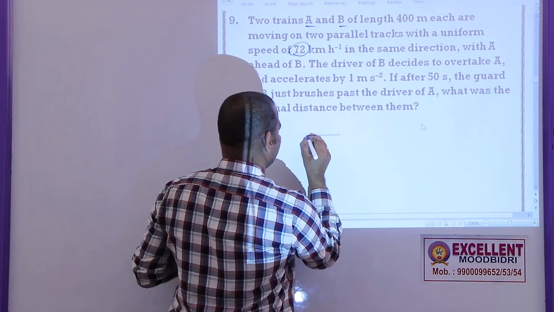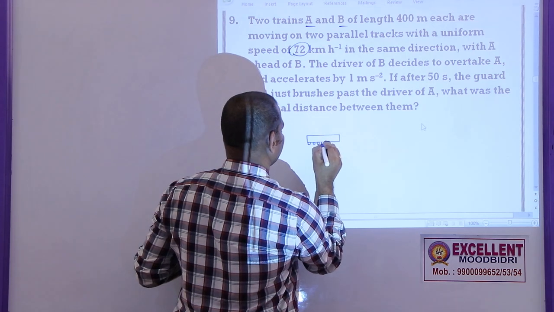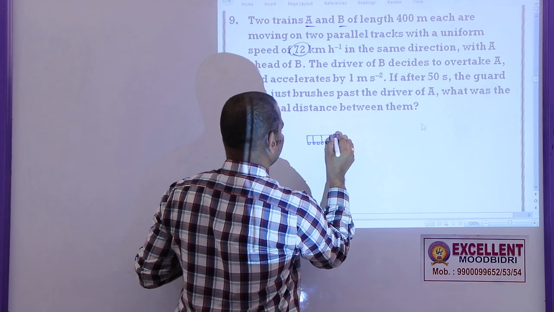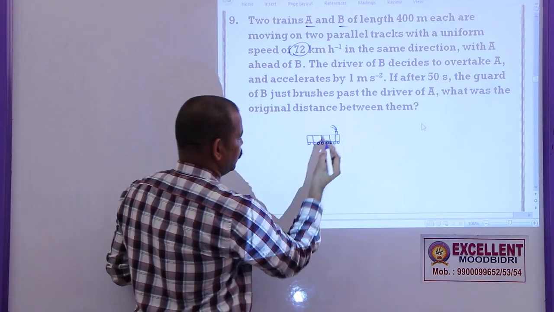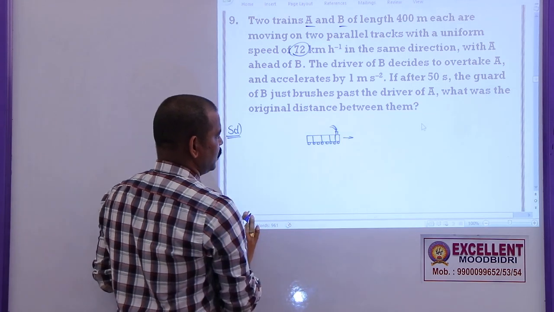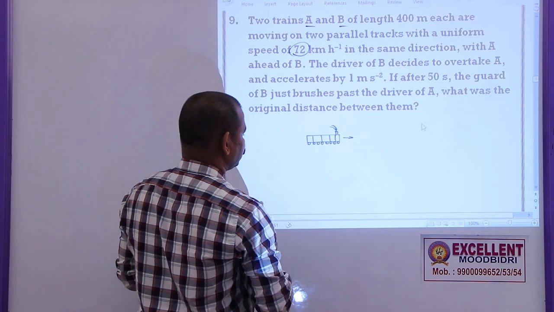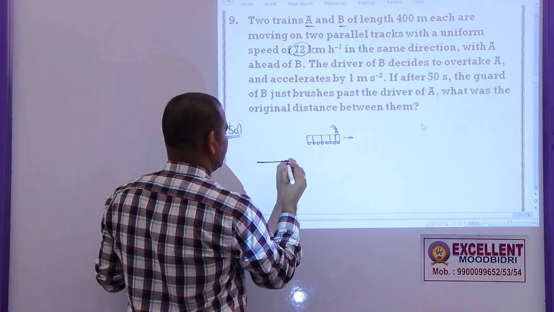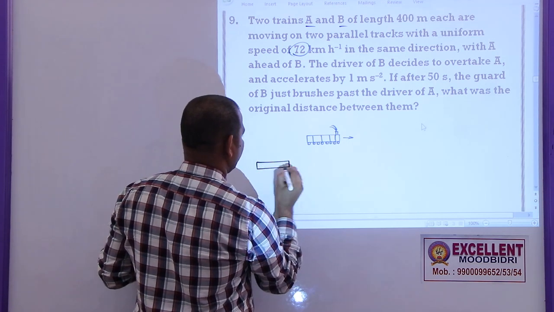Now, this is train A, moving in this direction. Train B is behind this one. Remember, the length of both trains is equal to 400 meters only.